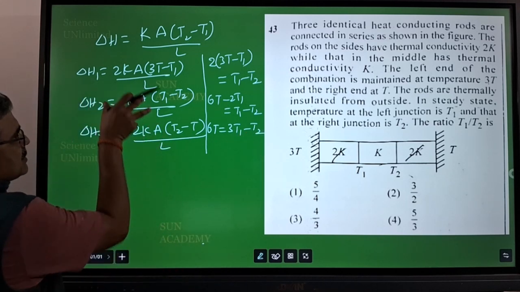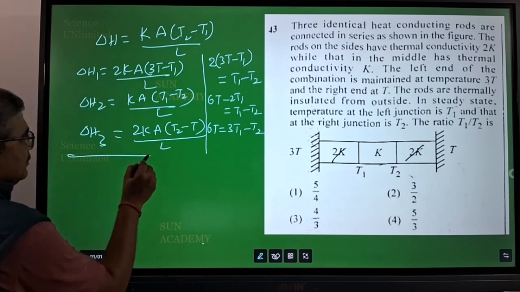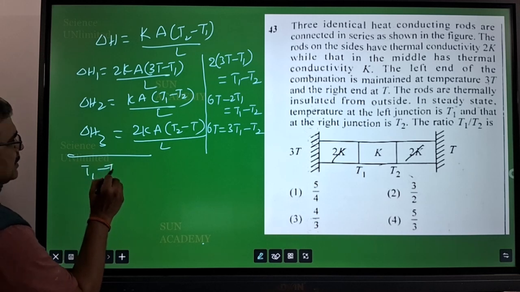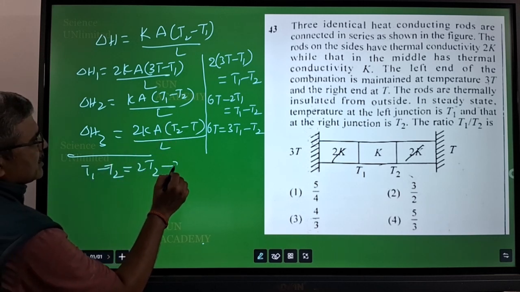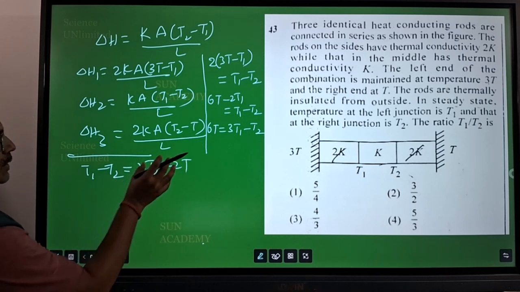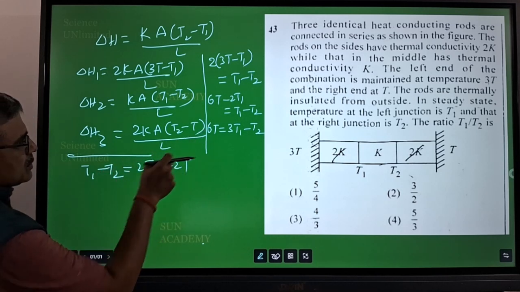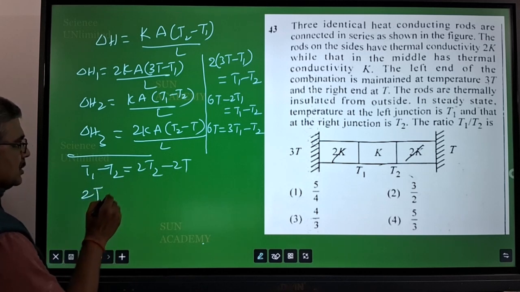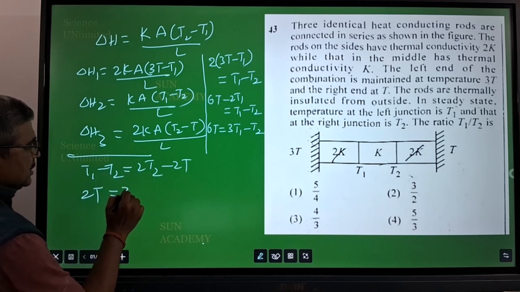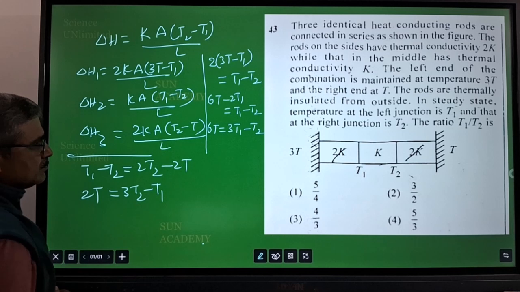If you compare the last two, you will have T1 minus T2 equal to 2T2 minus 2T. I want the equation in terms of T, so bring this 2T to the other side. So 2T is equal to 3T2 minus T1.